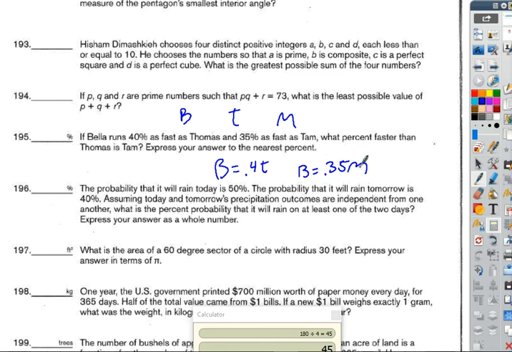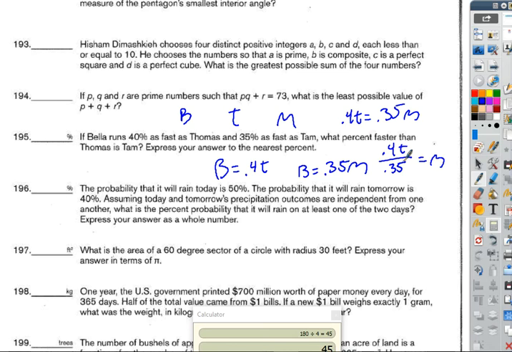So that means that B and B are the same thing. So I know that 0.4 T has to equal 0.35 M. And so now let's go ahead and solve this. So that means that M is going to be equal to 0.4 T over 0.35.